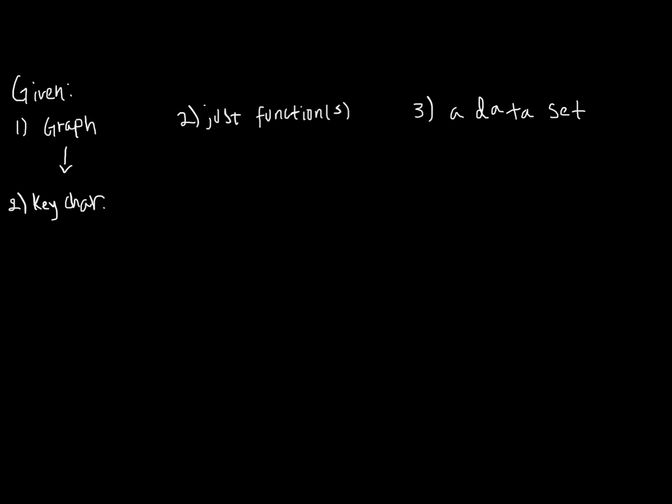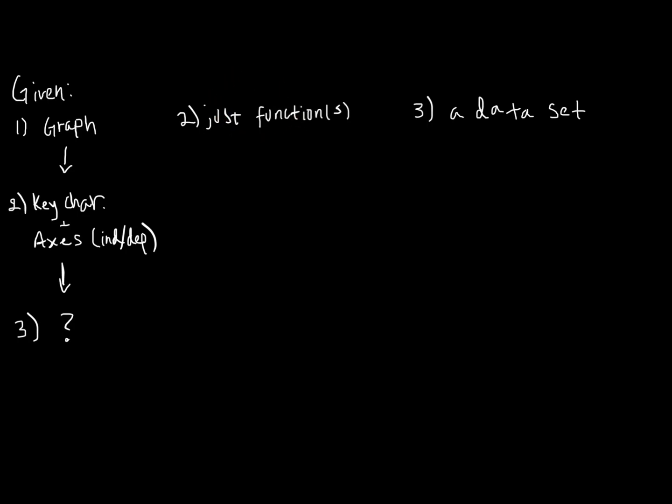Along with labeling the key characteristics, in order to make sense of those points, you'll also need to make sure that you are labeling the axes of the graph as well. So key characteristics and axes, right? Or in other words, this is just understanding what the independent and dependent variables represent. And then once you've done that, you can move into answering the questions, right? So using our understand, make a plan, and then answering those questions in full and complete sentences. That's really important.